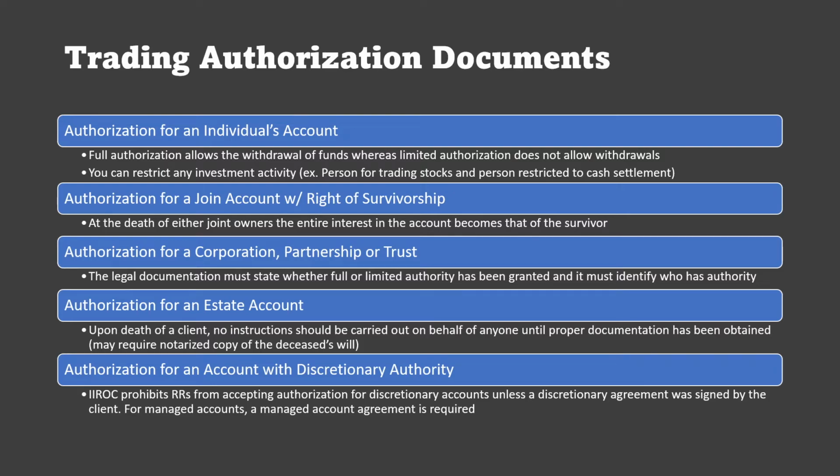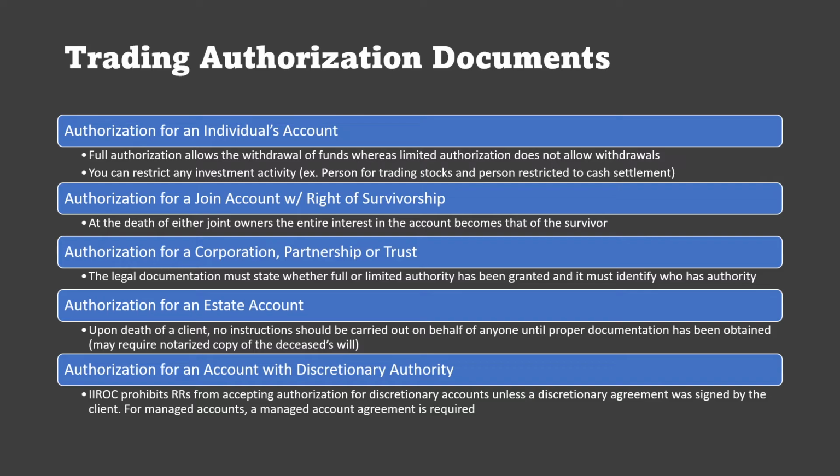Authorization for a joint account with right of survivorship. So at the death of either of the joint owners, the entire interest in the account becomes that of the survivor. Authorization for a corporation, partnership, or trust. The legal documentation must state whether full or limited authority has been granted, and it must identify who has that authority.